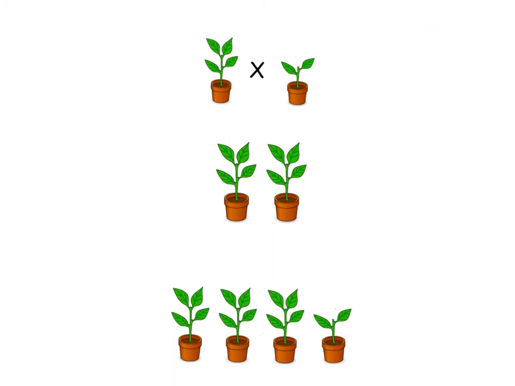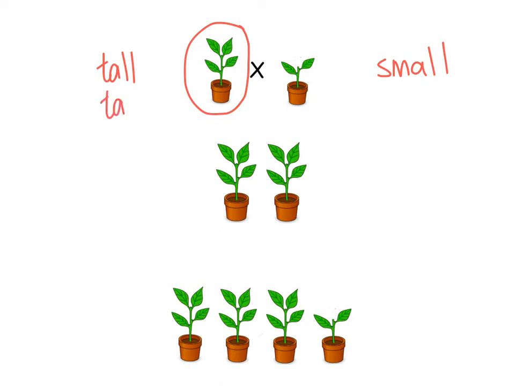Back to our experiment, these were the original ones, tall and small. We're saying that the parents have got two alleles for height. And because these were purebred or pure breeding, we can assume that both of the alleles were tall.